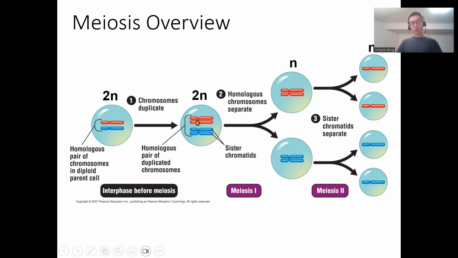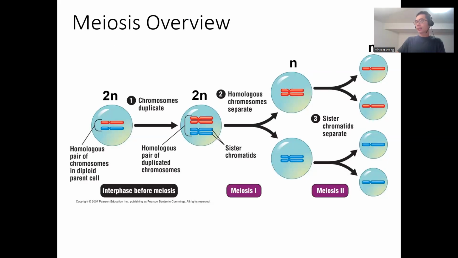Even though you duplicate them, because they're still connected at the centromere, it's still considered as one. And these are sister chromatids, of course. Then you have the first division, meiosis I. So you separate them, and now you only have one set and one set. And then you're going to divide again, and you end up having four gametes.